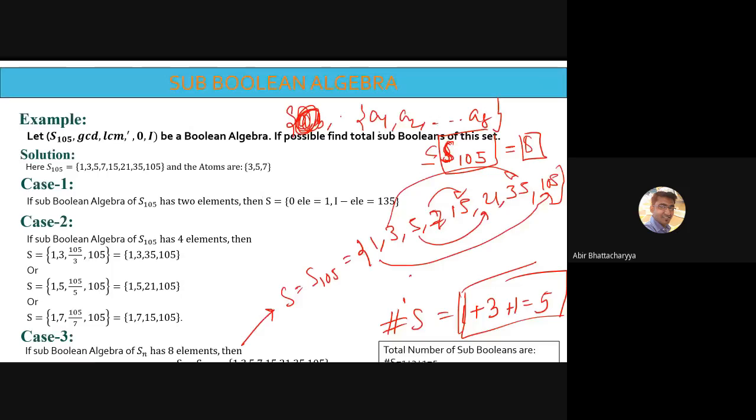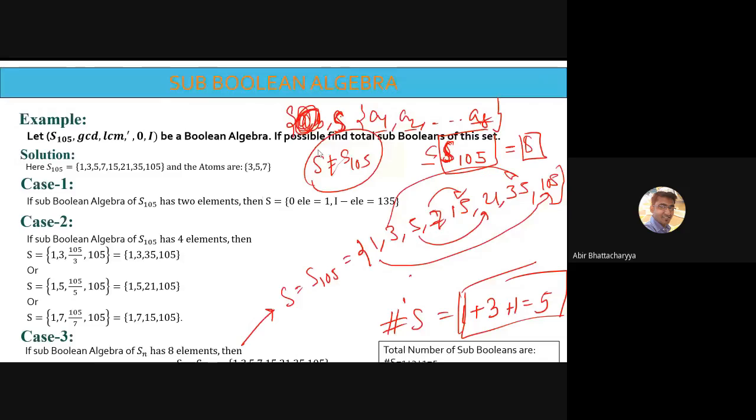S105 has 8 elements only, and the subset also has 8 elements: A1, A2 up to A8.